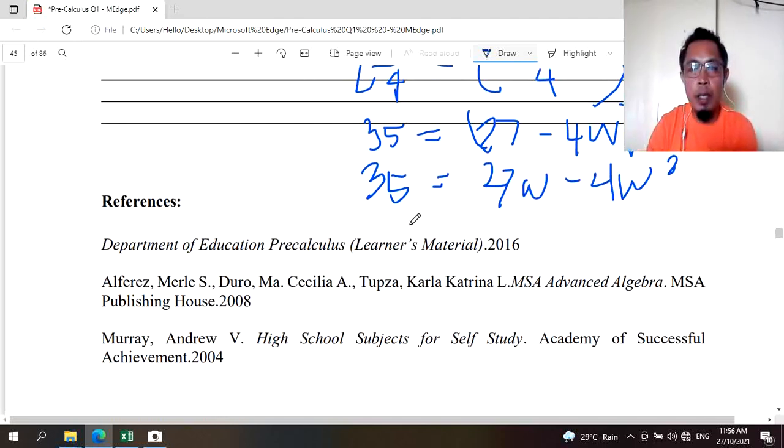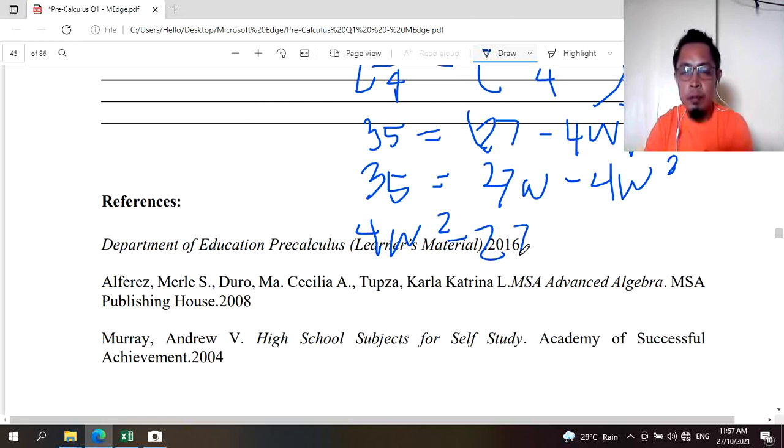Or we can arrange that one as 4W square, let's make it positive, minus 27W positive, then we have 35. We transpose negative 4W square here, we have positive, we transpose 27W here, that is positive, the sign of 35 is stable, we have 35 equals 0.